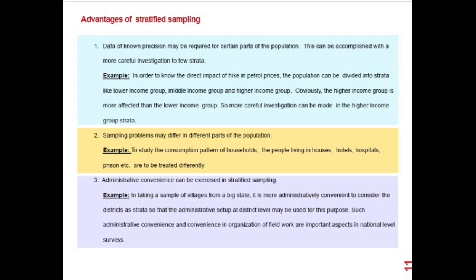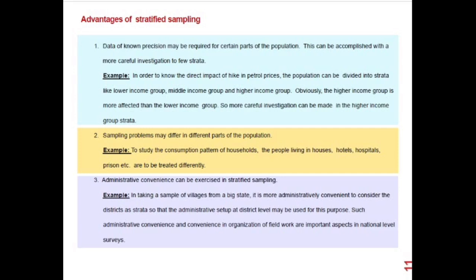Next, sampling problems may differ in different parts of the population. To study the consumption pattern of households, the people living in houses, hotels, hospitals, prisons, etc. are to be treated differently. So they are homogeneous people.